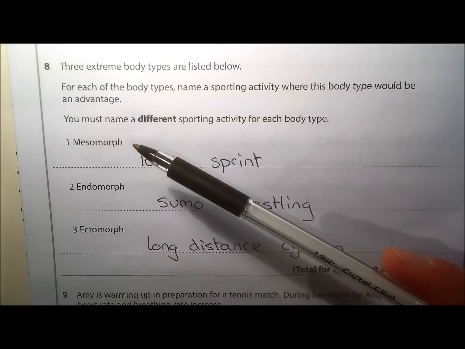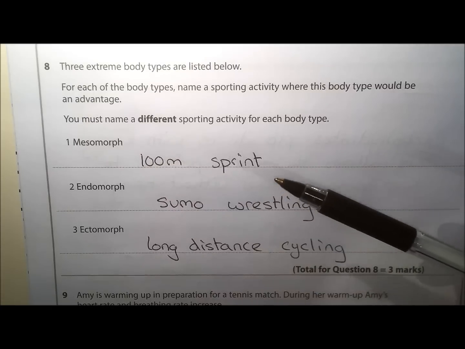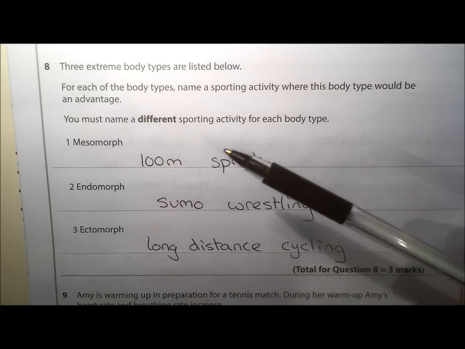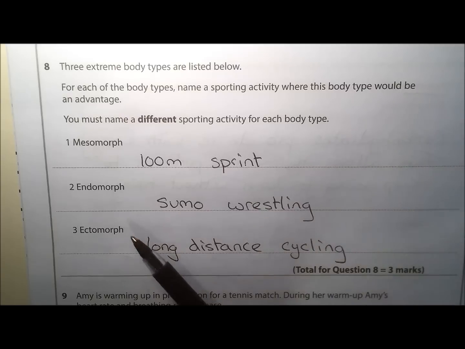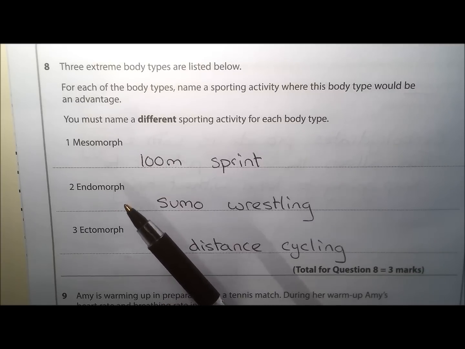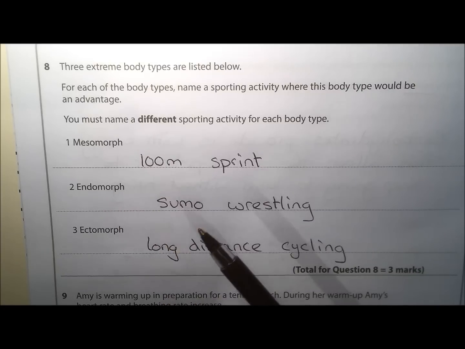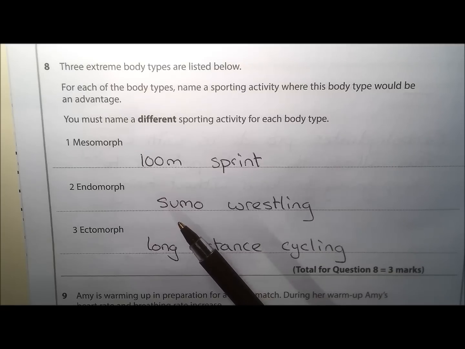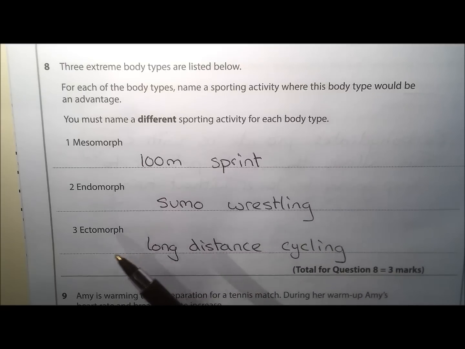The mesomorph is a more muscular build and would be better for anaerobic explosive sports such as the 100-meter sprint. The endomorph is a build with more fat, much bigger build, and the most obvious example would be to go with sumo wrestling. Ectomorph is somebody who carries a lot less fat and less muscle, tends to be tall and thin.